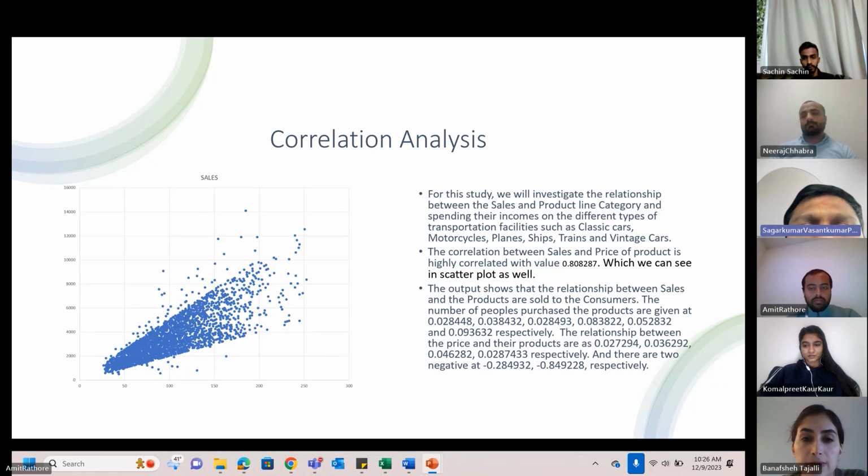We can also see positive correlations, which is very good, and there is also some negative correlation at minus 0.28 and minus 0.84 respectively. By doing the correlation analysis, we can easily compare sales and price with their independent variables.